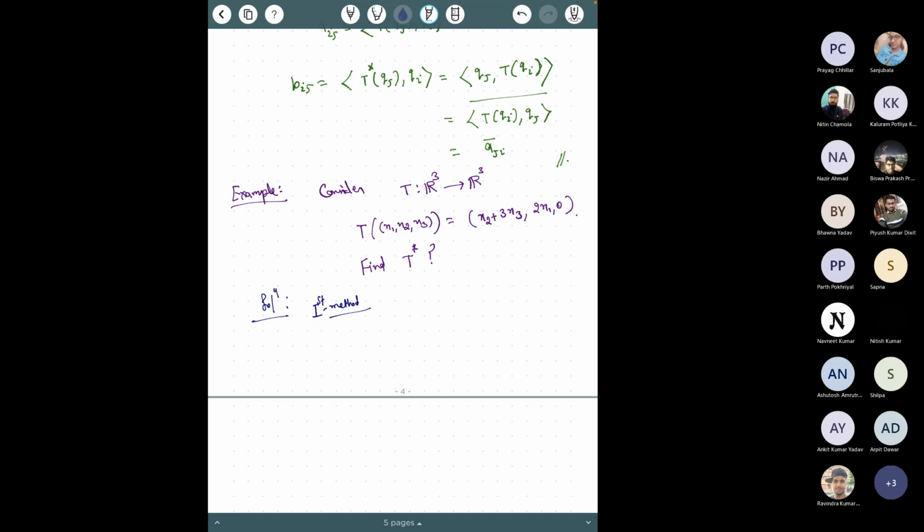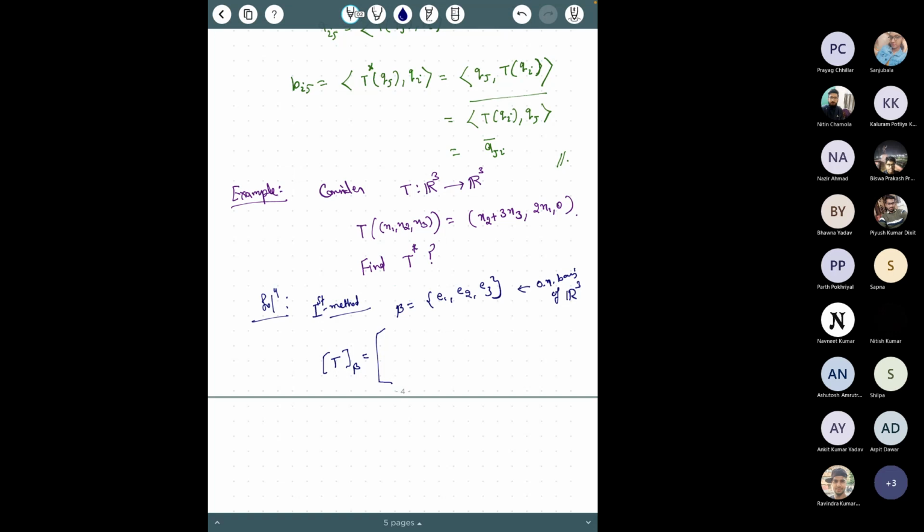Tell me an orthonormal basis for R3 with respect to the standard inner product. Yes, the standard basis E1, E2, E3. This is an orthonormal basis of R3 with respect to the standard inner product. Then we can immediately find the matrix of T. Can you tell me what the matrix of T would be with respect to this basis?